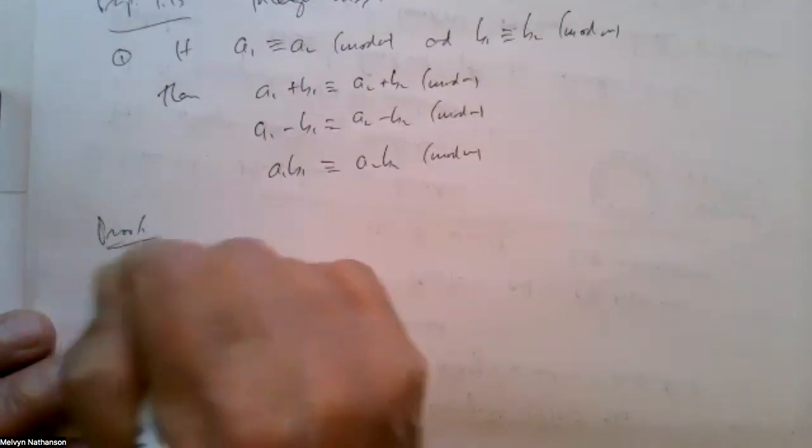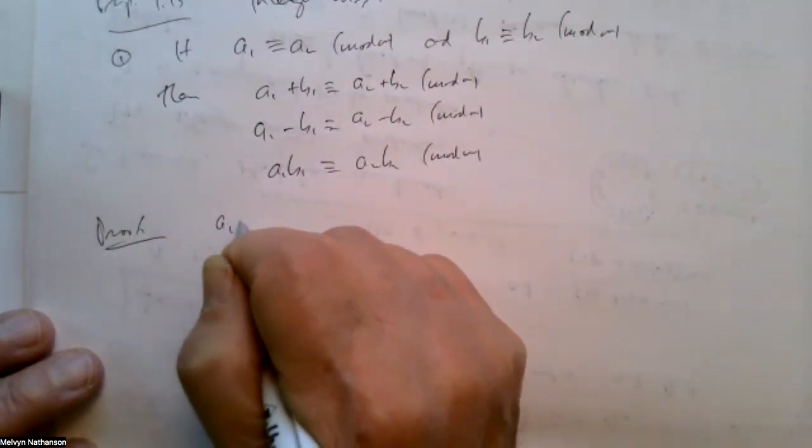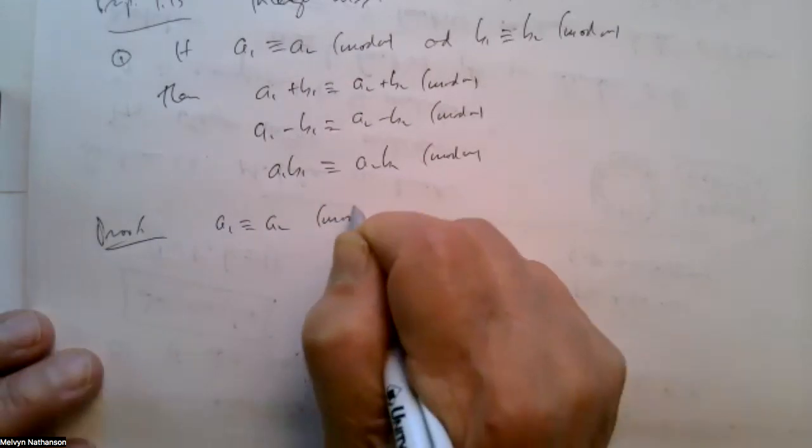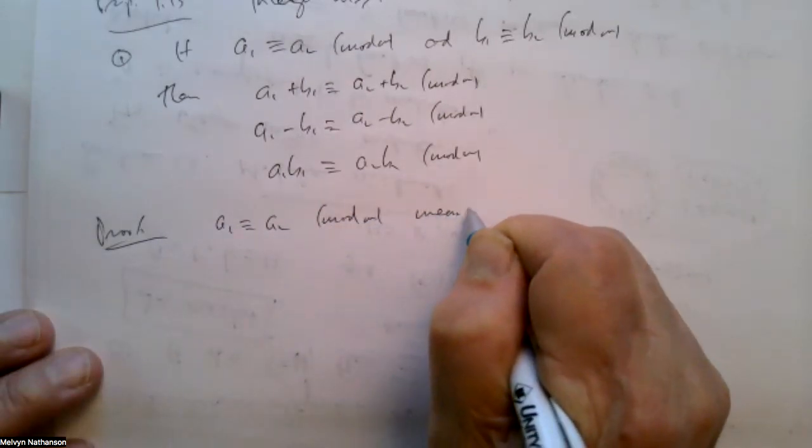Proof. A1 congruent to A2 mod M means what?